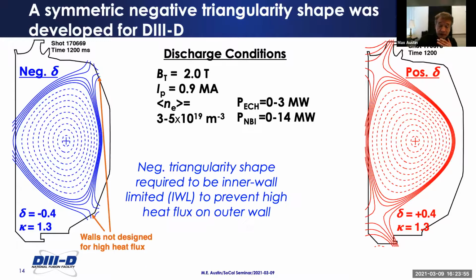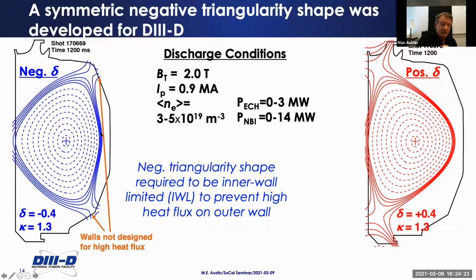An important thing to note for these discharges is that this discharge is designed to ride on the inner wall of the tokamak. This was necessary because the outer wall of D3D, since this shape was not intended for D3D, is not designed for heat flux. So if you made diverted shapes here, where most of the power would come out, the wall could not take the power.